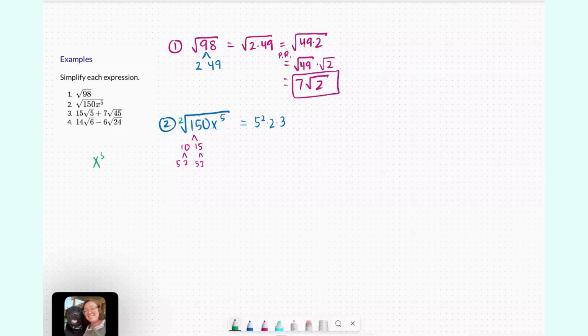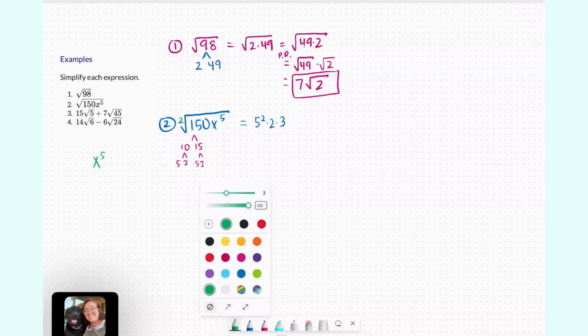So I want to split that x to the fifth up into values that will be divisible by 2. So I'm going to take out x squared. There's room for another x squared, and I'm left with an x.